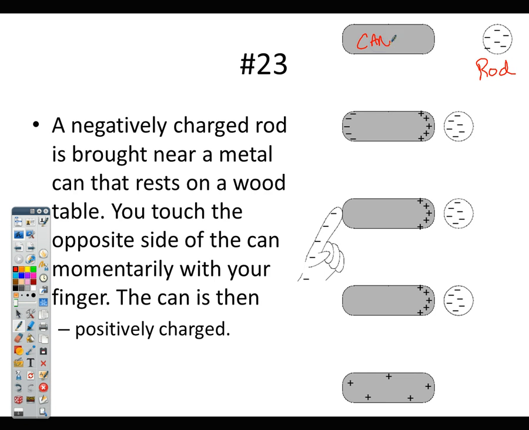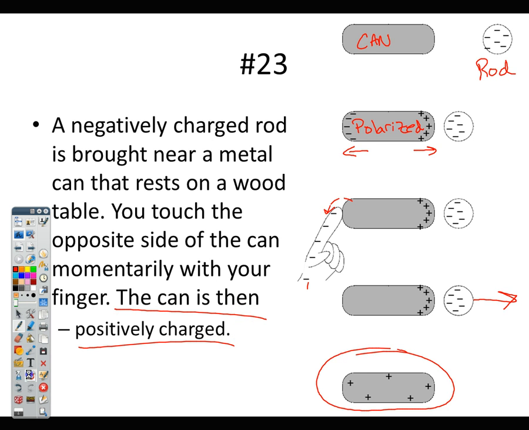When this happens, you get what we call a polarized effect, where the opposite charge will go toward the negative charge, and the same charge, which is negative, will get pushed to the other side. If you touch this can with your finger, the negative charges closest to your finger will travel down your finger, and then when you remove this rod, the charges will distribute evenly over the surface of the can. So in the end, the can is positively charged.